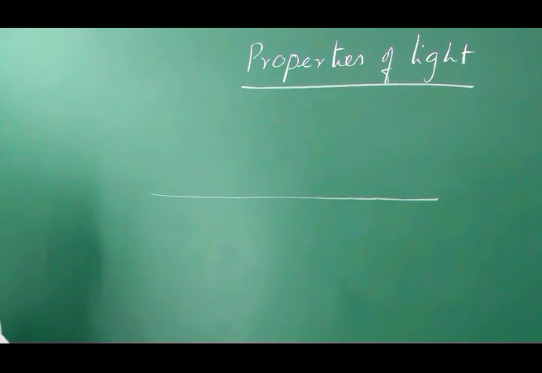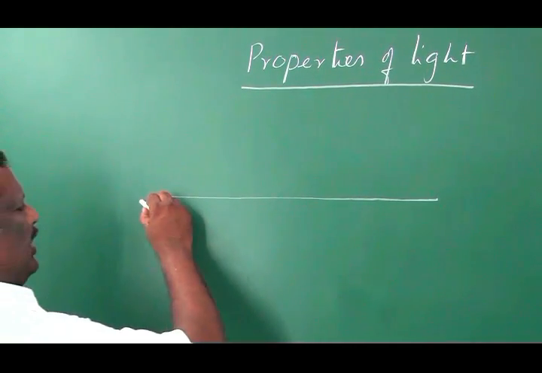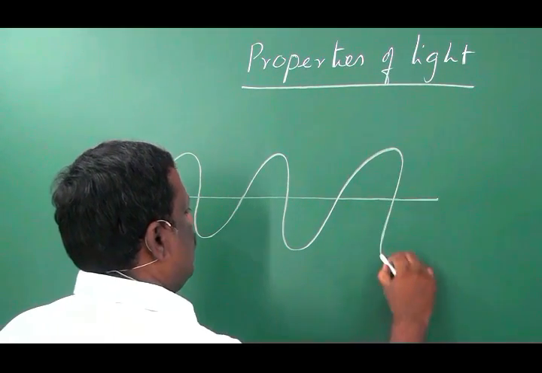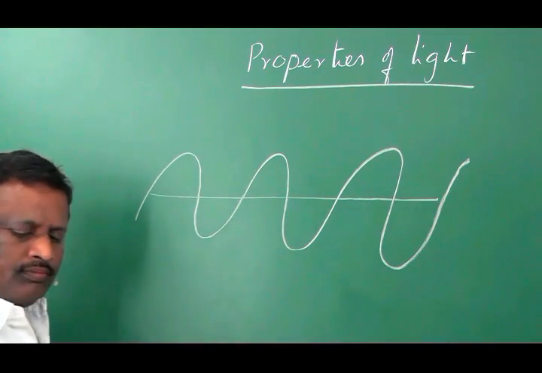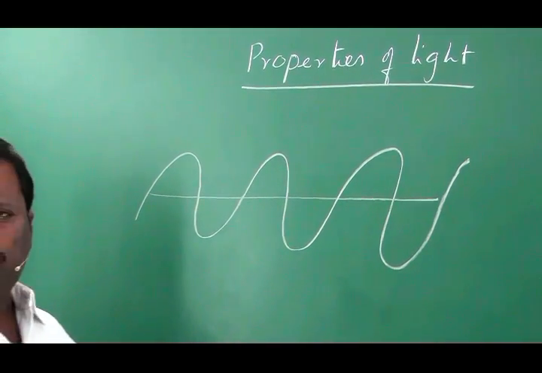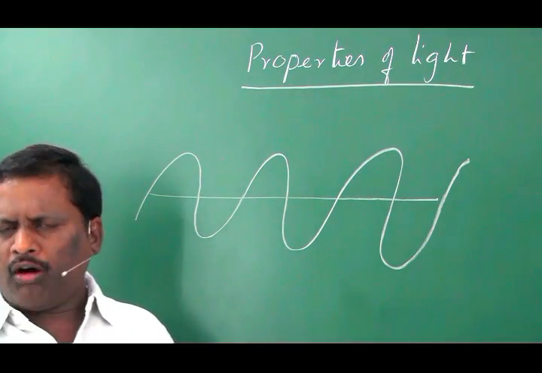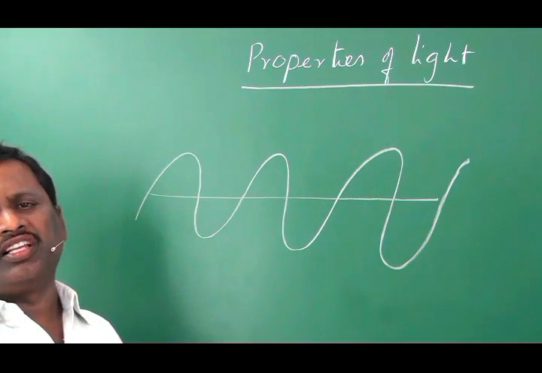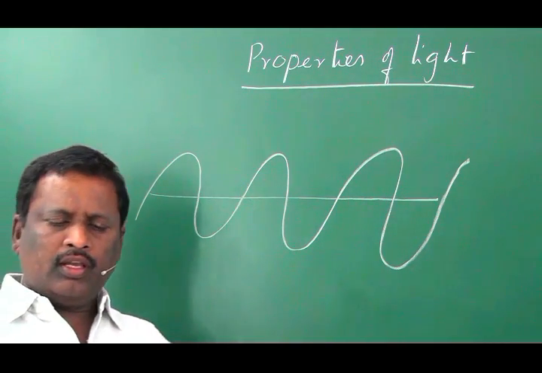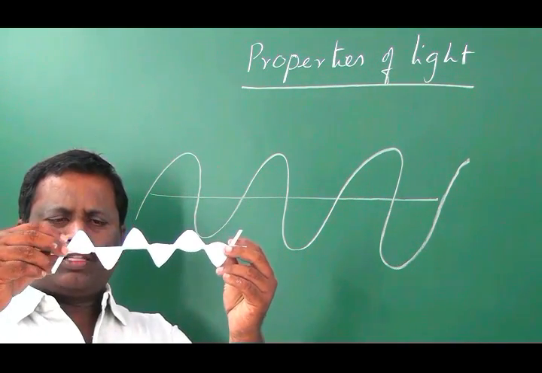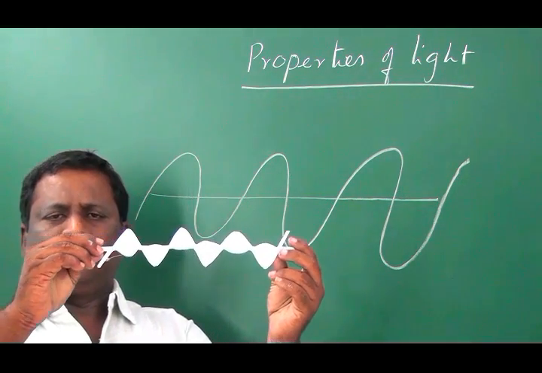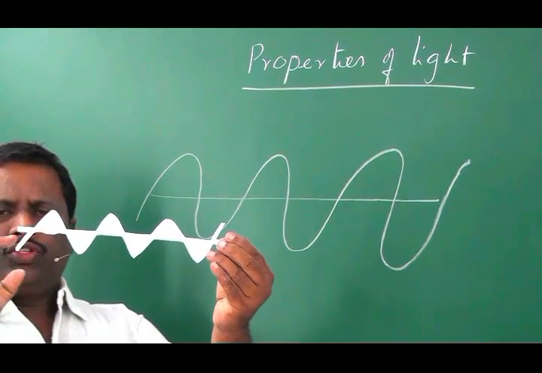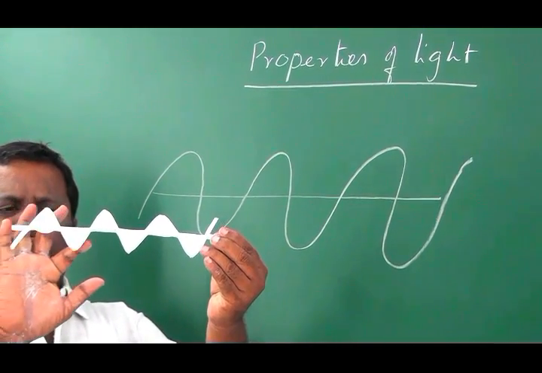Along the path of the light, the electric and magnetic fields are distributed like waves. These two fields are similar and perpendicular to each other. See, let this be the path of the light. Here you are finding wave-like structures.